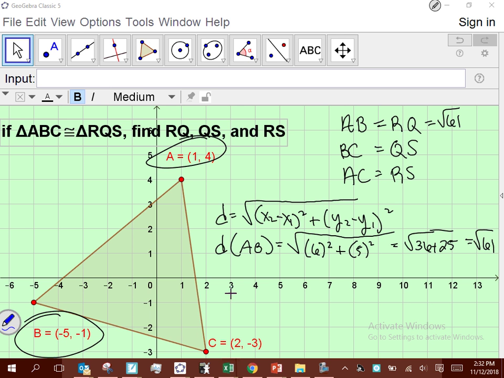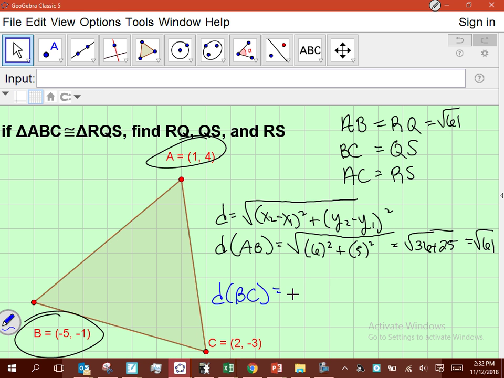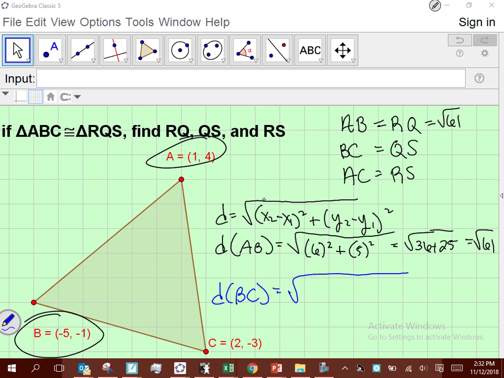So now I'll do one more of these. Let's do BC. So distance BC. Now I'm looking at point B and point C. We'll subtract the x's. So it's -5 minus 2, -7. Square that.